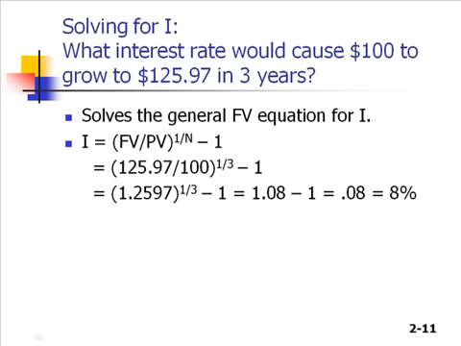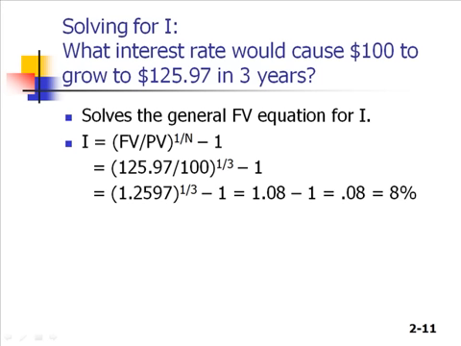Alright, let's do a little something else. Let's say that you know the present value and you know the future value, but you don't know what interest rate you're actually earning. So here's an example problem. Let's say that you want to know what interest rate you'd have to earn to go from $100 now to $125.97 in 3 years.